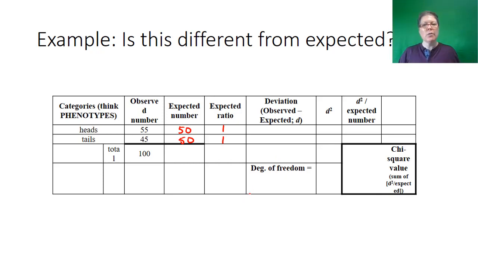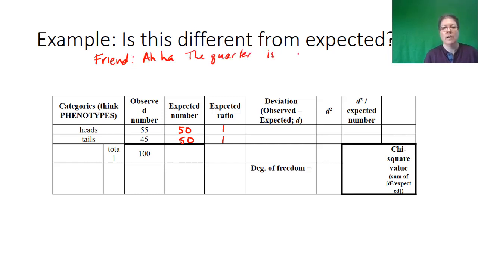So you can do a chi-square analysis to determine if your quarter is fair. So you're going to flip your quarter 100 times. What you found was 55 of those times it was heads and 45 of those times it was tails. And your friend says, aha! The quarter is not fair.